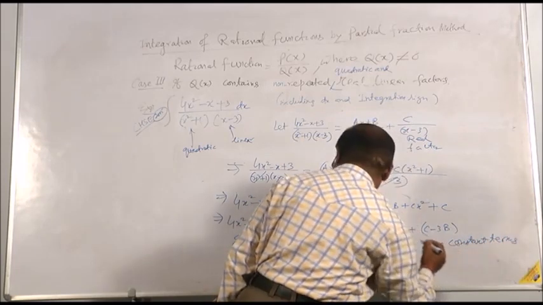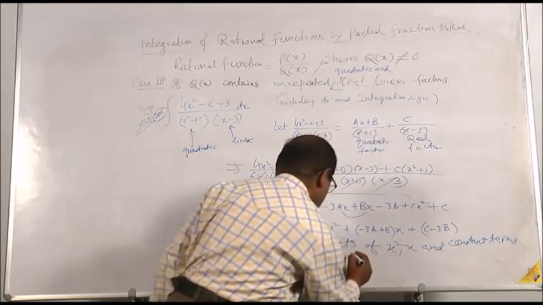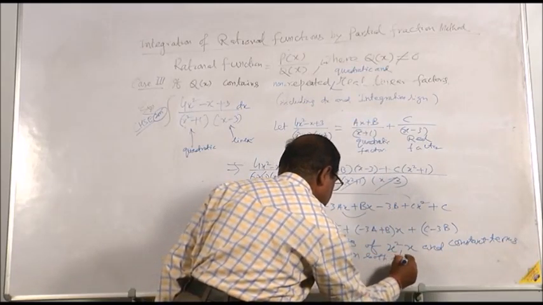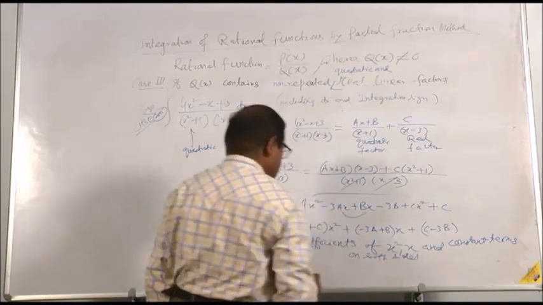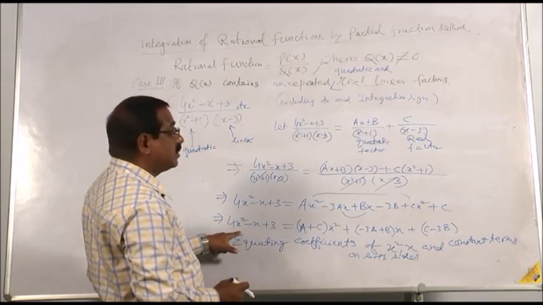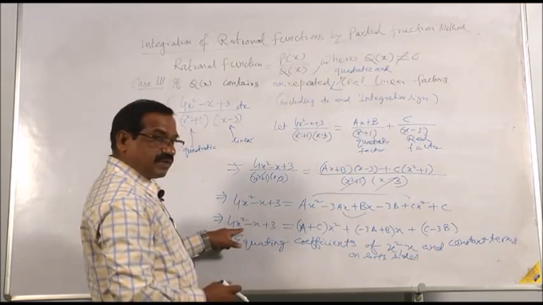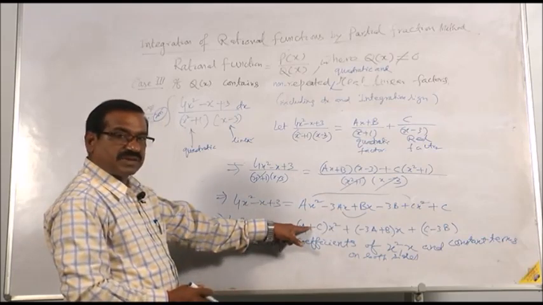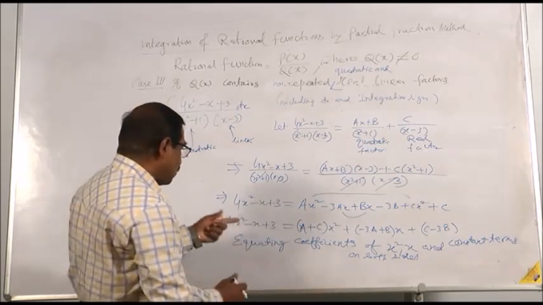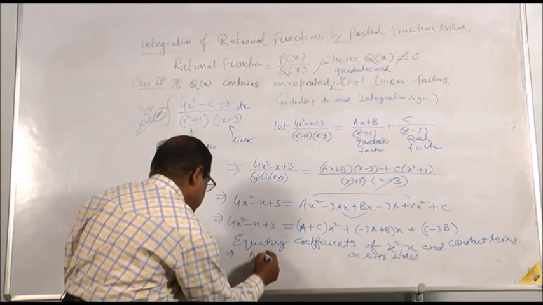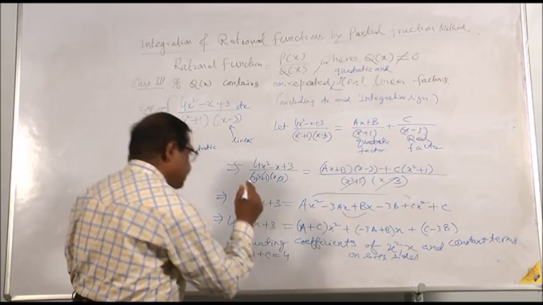What do you get? On the left hand side the coefficient of x square is 4, while on the right hand side the coefficient of x square is A plus C. So that implies A plus C is 4.